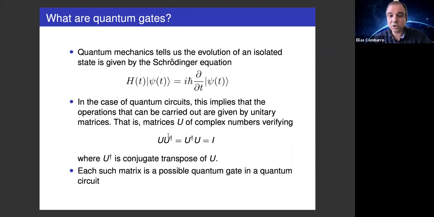But of course, not all of them are so easy to implement in practice. So in practice, when we have a quantum computer, like one of these computers created by Google or IBM that I showed you before, we only have access to a certain number of these unitary transformations.